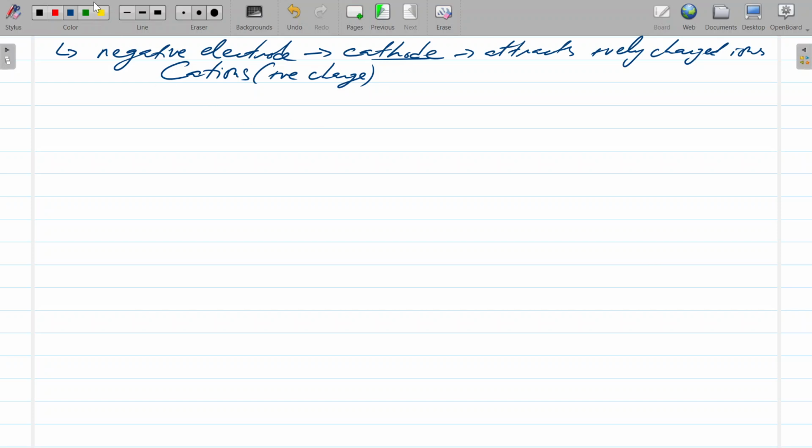This is something that's mentioned later on in the chapter, and that is electrolysis guidelines.